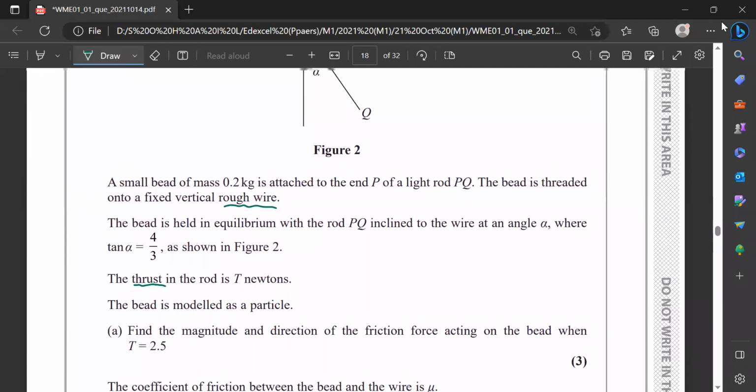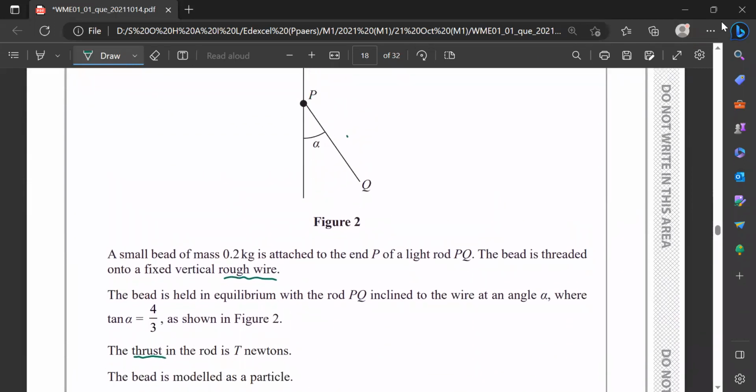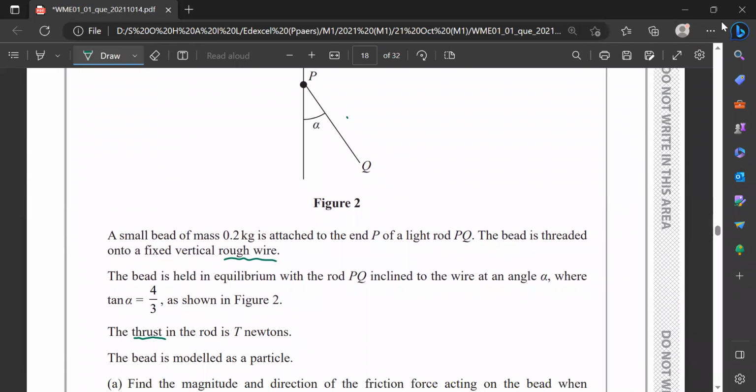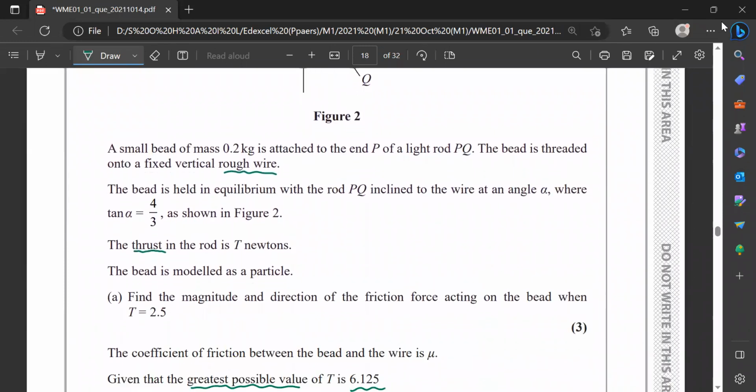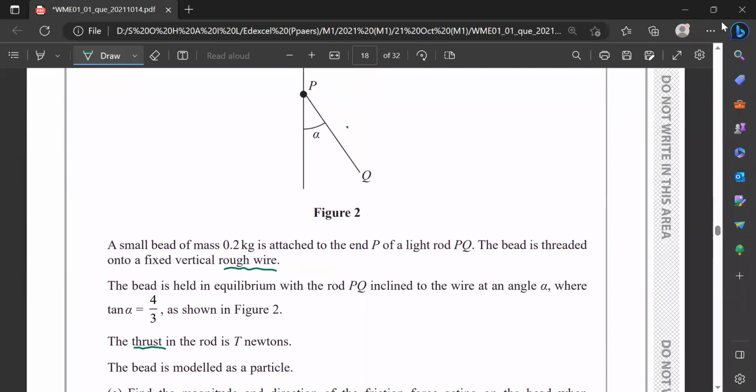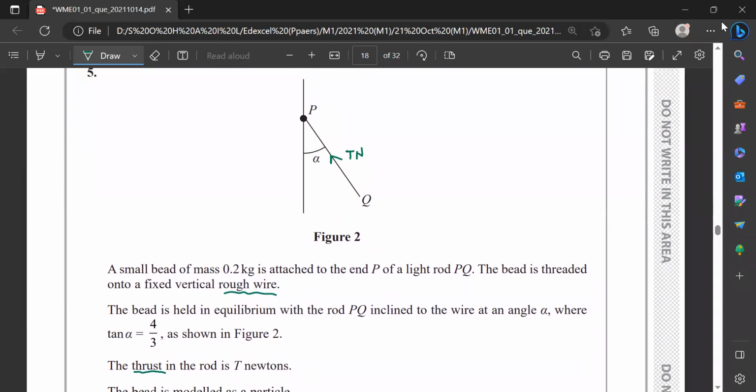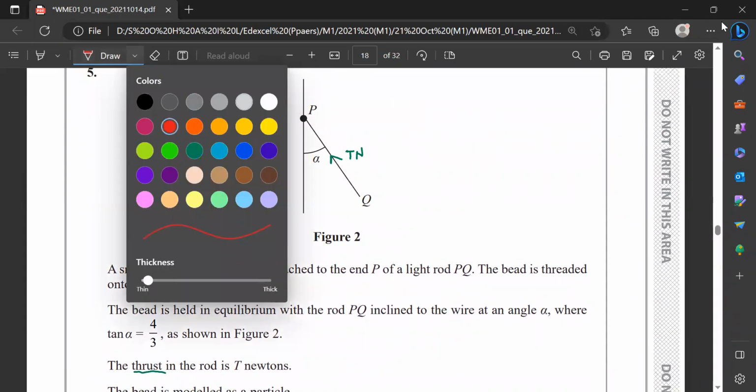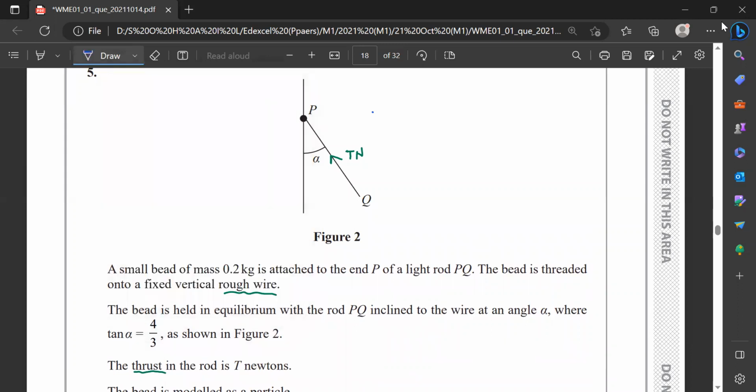So coming to part A. For part A, we have a rod PQ and the thrust in the rod PQ is 2.5. So it's holding this bead, so the thrust is T newtons. 0.2 is the mass, so the weight is 0.2 g newtons.